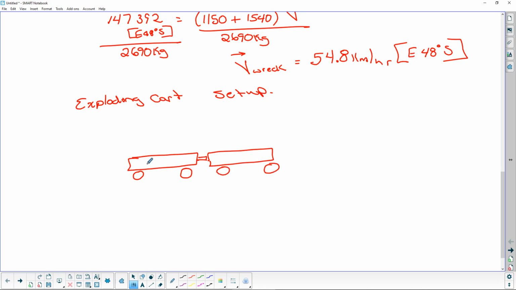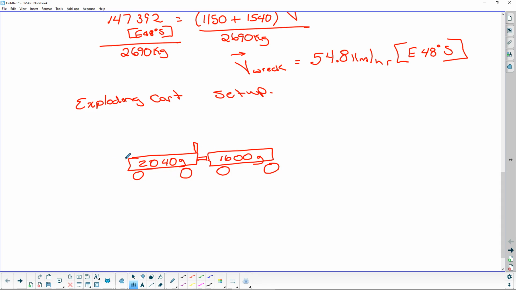So this one here is like, let's say it's 2,040 grams. And let's say that this one here is only 1,600.